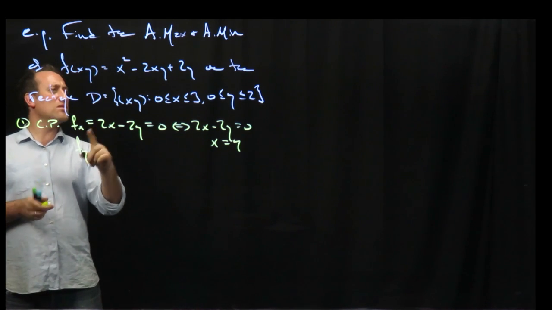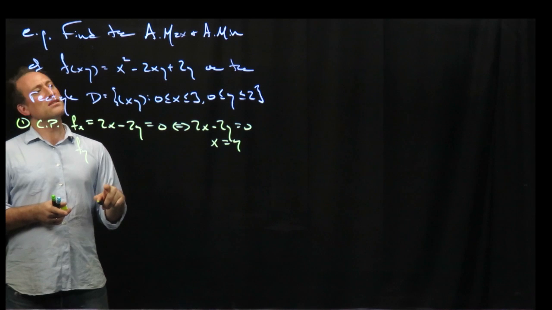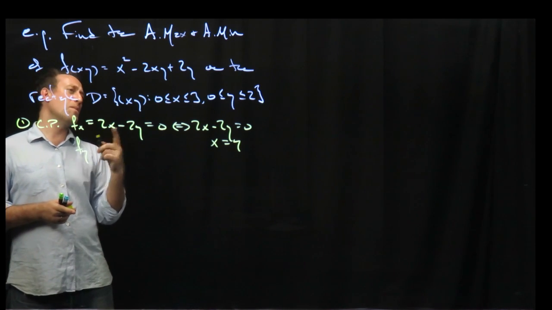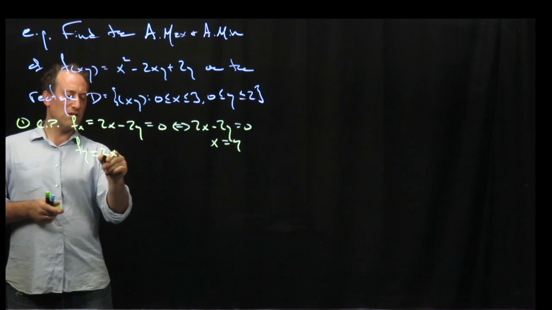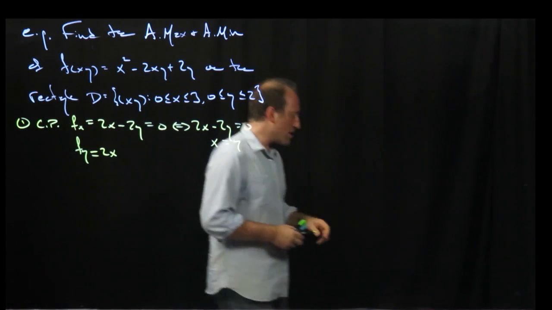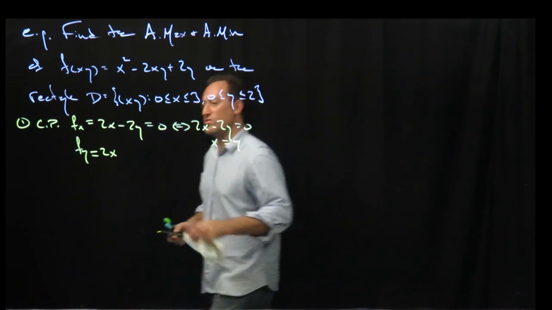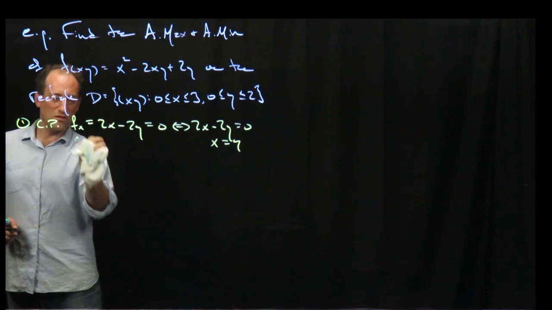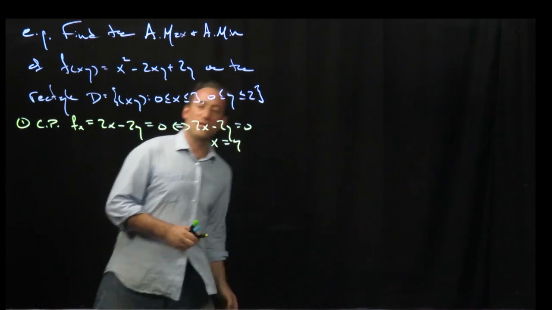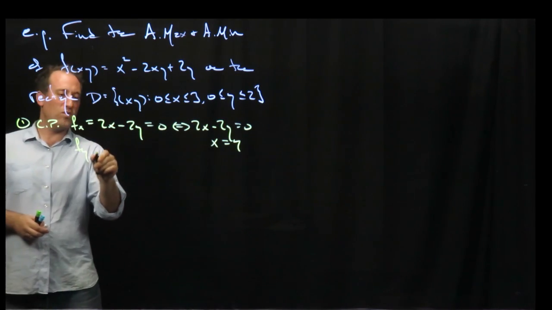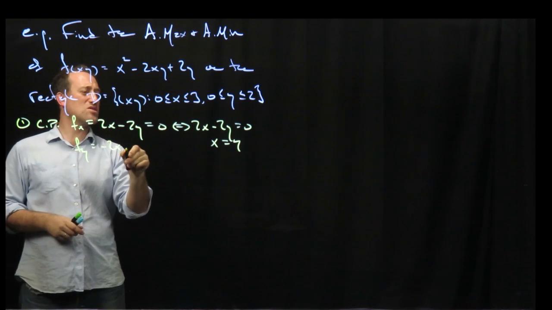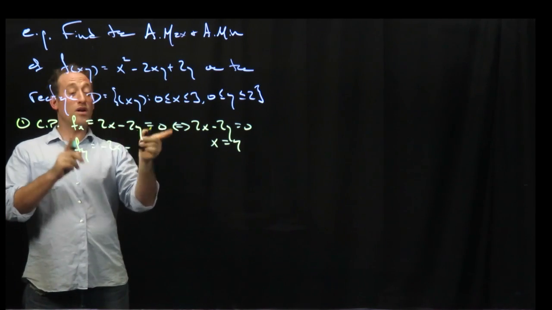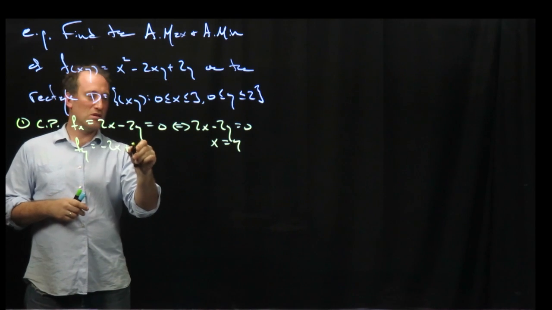Fy is going to be a 0 minus a 2x, and then minus a 2. Sorry, fy is minus 2x plus 2.